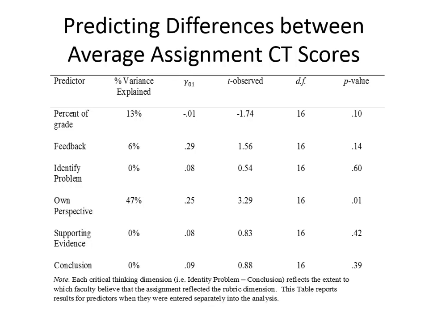In fact, that accounts for at least, independently, about 47% of the total between assignment variance. So we may say that the extent to which the assignment allows for the student to articulate their own perspective accounts for a pretty good size of that between assignment variance.